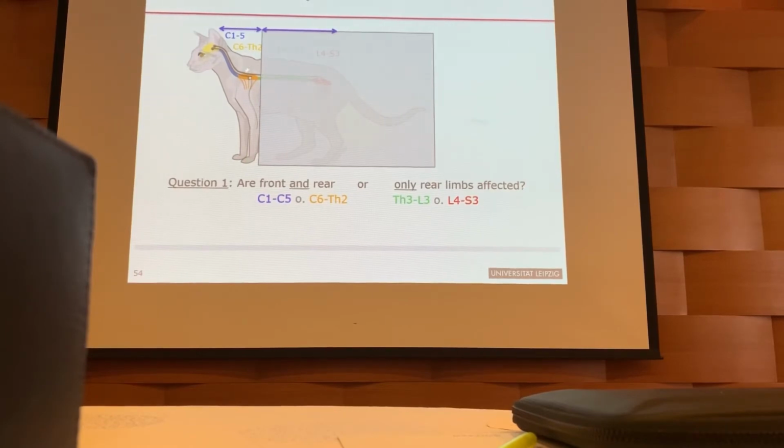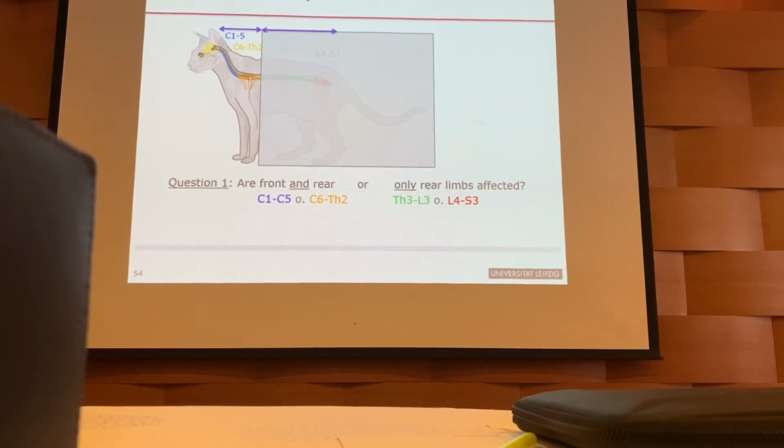If I have a problem in that area, I want to find at least one reduced segmental spinal reflex. Or to turn it around, if I find one reduced segmental spinal reflex in that patient, the problem has to be at C6-T2. If I do not find any reduced segmental spinal reflex in the front limbs, this area has to be healthy, and the problem is at C1-C5.